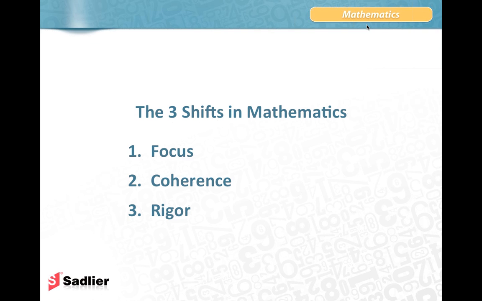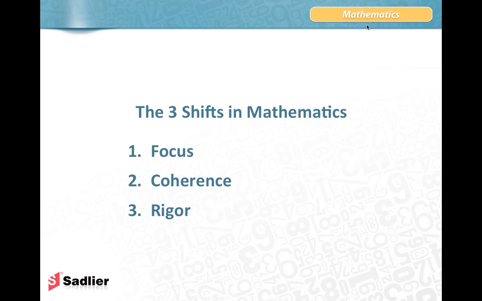And those 6 shifts in New York, if I have any New York educators on this webinar, just know that when you are talking about the 6 shifts, you're talking about the 3, because the 4 shifts of deep understanding, dual intensity, application, and fluency all come under rigor.